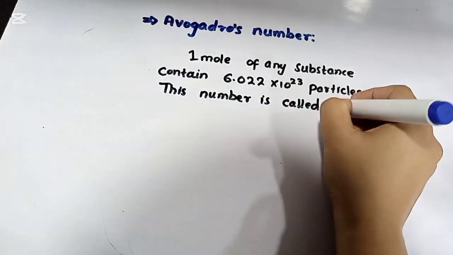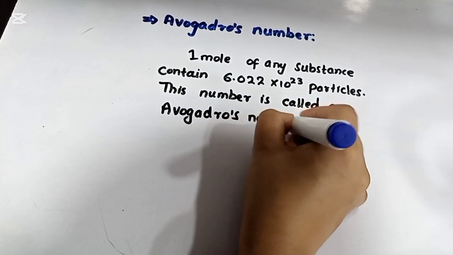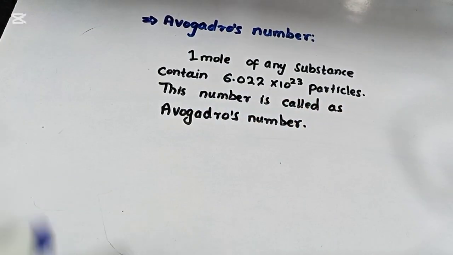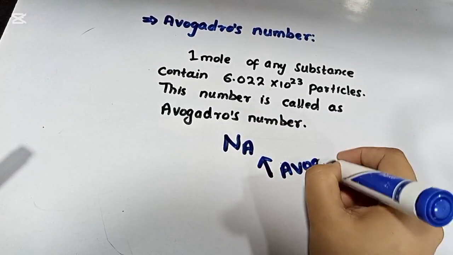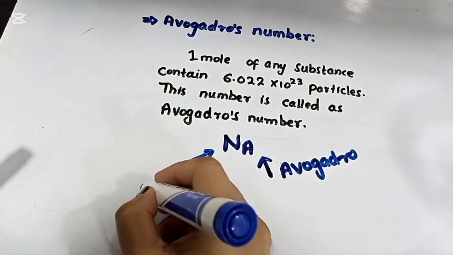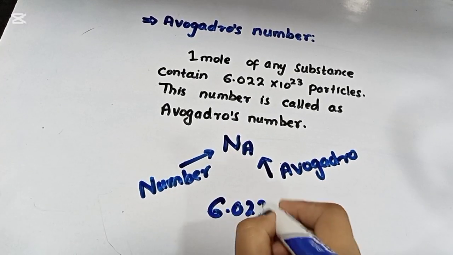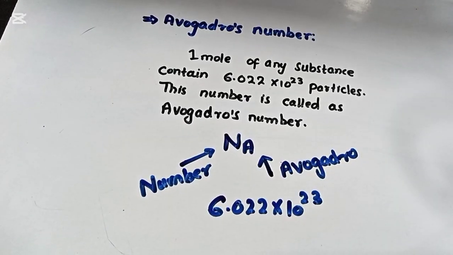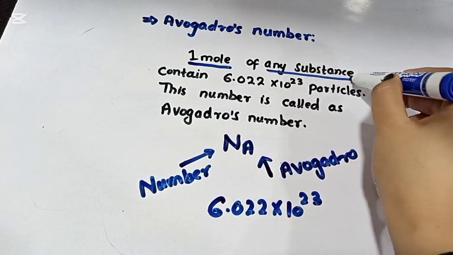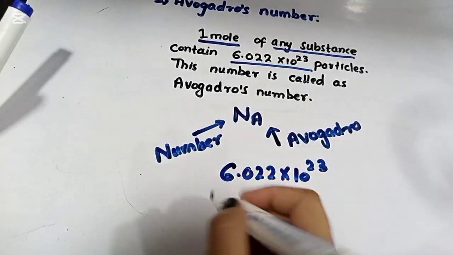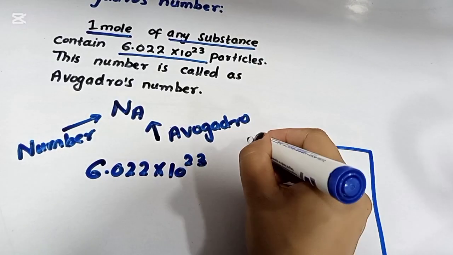This number is called Avogadro's number, and it is represented by capital N with a small a at the base, N_A, A for Avogadro. Its value is 6.02 × 10^23. It means that 1 mole of any substance contains 6.02 × 10^23 particles.